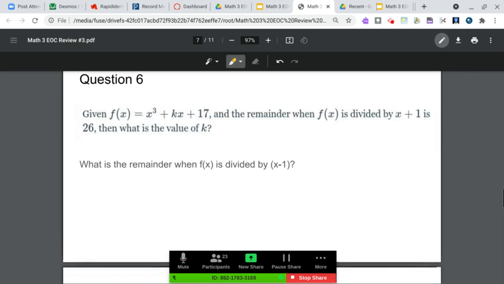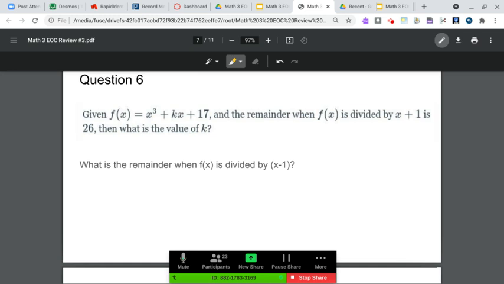All right, number 6. Given the function f(x) equals x cubed plus kx plus 17, and the remainder when f of x is divided by x plus 1 is 26, what is the value of k? And then what is the remainder when the function is divided by x minus 1? This is a classic EOC style problem.